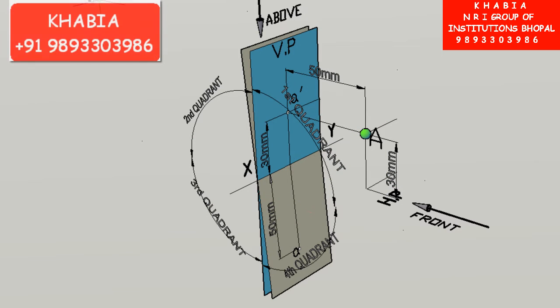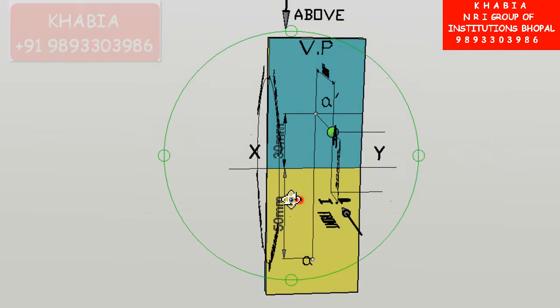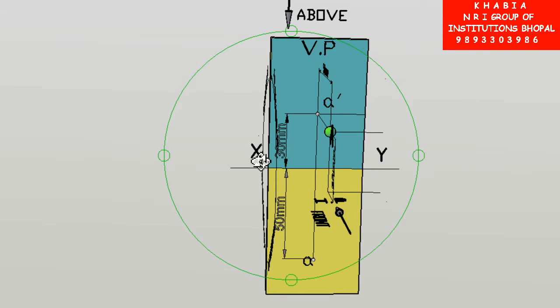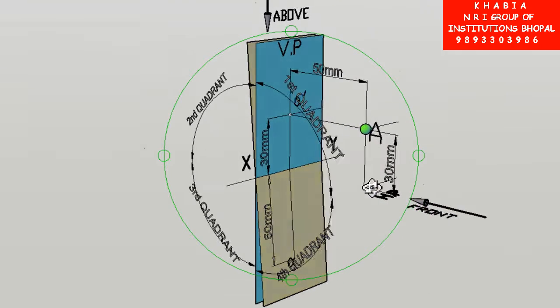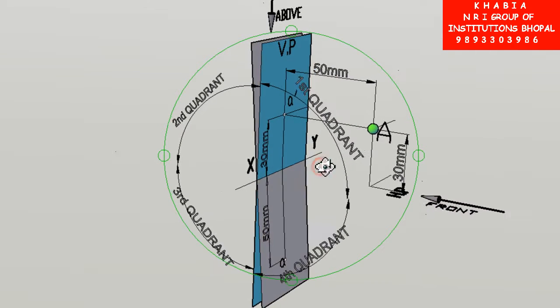I have opened the quadrant and you can clearly see that top view has come 50 millimeter below the reference line because point A was 50 millimeter in front of VP.